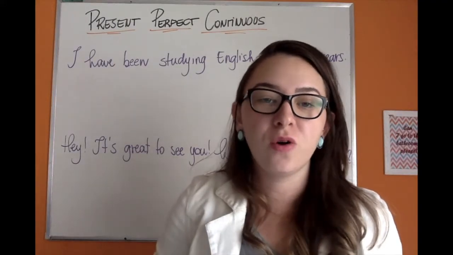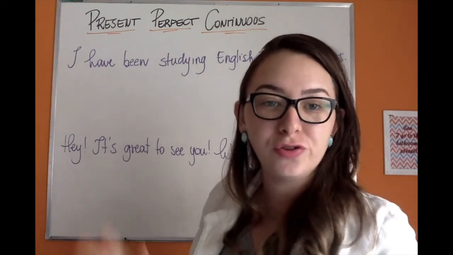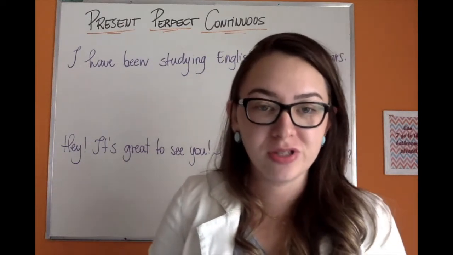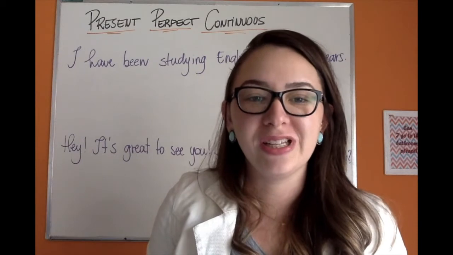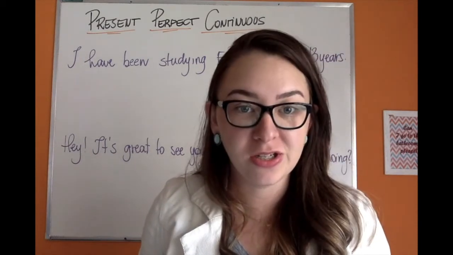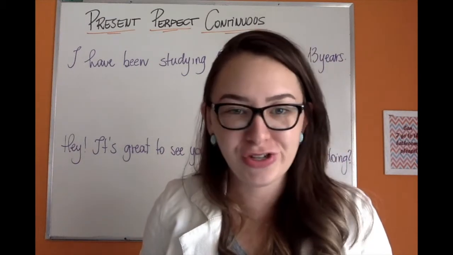Let's just quickly go over the present perfect so we can remember some things in order to start the present perfect continuous. So, there must be a connection between the past and the present when we talk about the present perfect, simple or continuous.